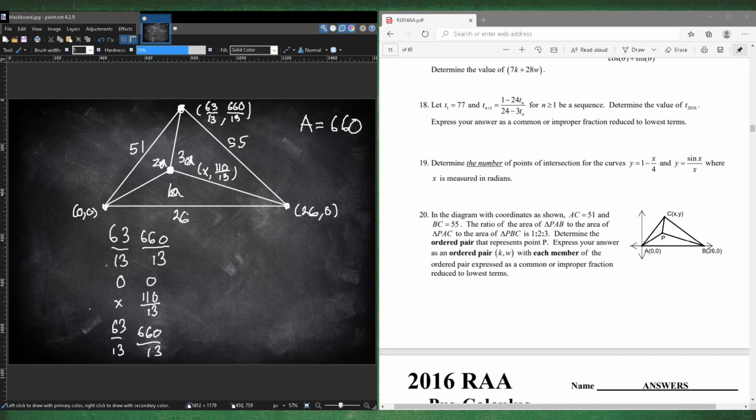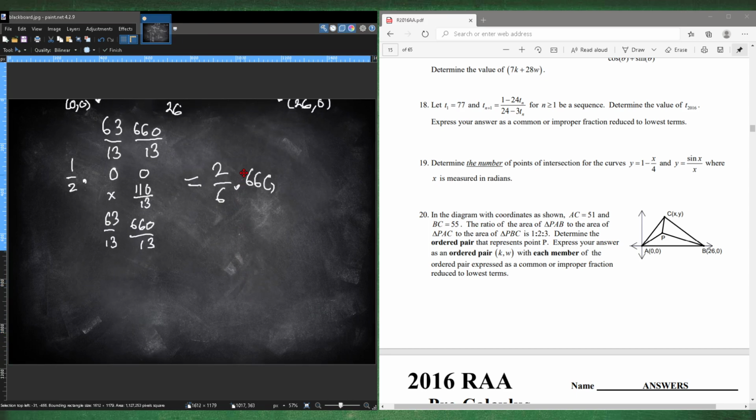And then once you do the 2 by 2 matrix for each of these, multiply by half. So once we multiply this by half, we should get an area that's equal to 2/6, because this is 2a over 6a, of 660. Okay, so now we just need to find x.